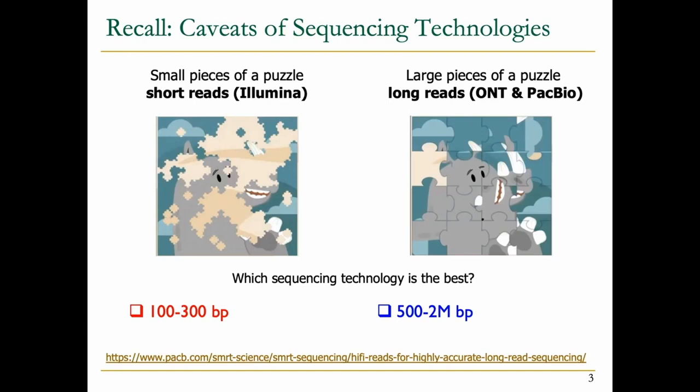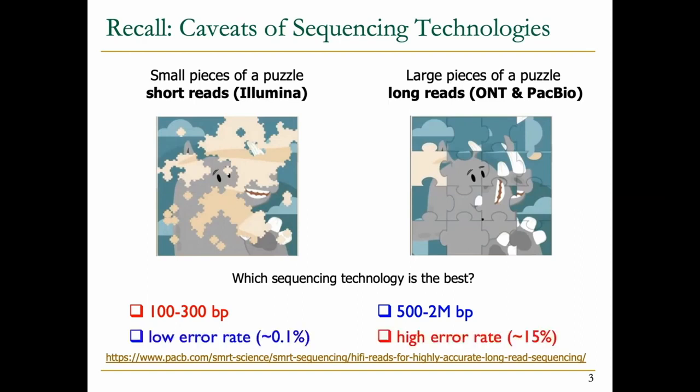You would quickly know where to place a certain piece, etc. So for that, third generation sequencing technologies are more advantageous because they usually produce very long reads, on average 10,000 to 20,000 bases long, but they can produce up to 2 million bases, which are known as ultra long reads produced by Oxford Nanopore sequencing technologies.